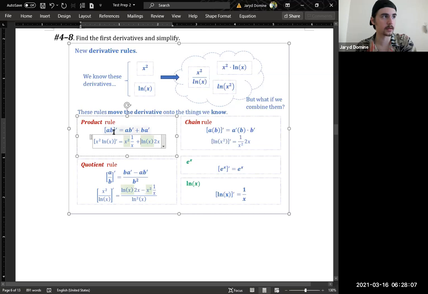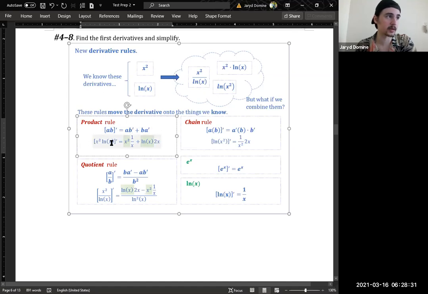Okay, so what's happening here is I've gone from a derivative on this product, which I don't know, to a derivative on b and a derivative on a. So it's turned the derivative on this to something that I know how to do. And so if you know how to do the derivative of each one of these functions, this will give you your answer.